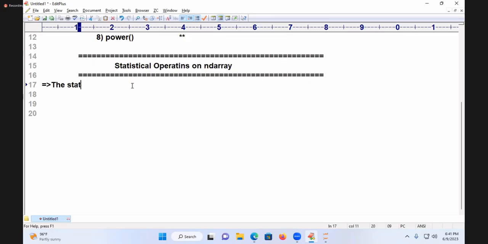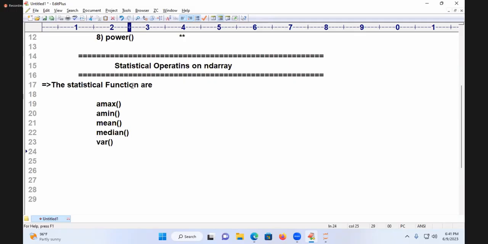The statistical functions, which I am writing here, are: number one, A max of, and A min of, next mean of, next median of, next variance of, next standard deviation of.